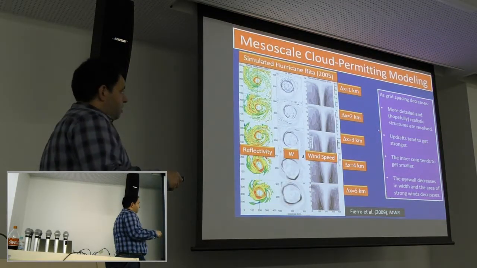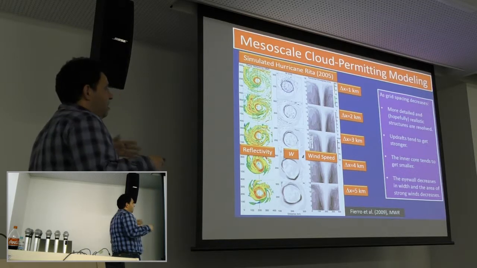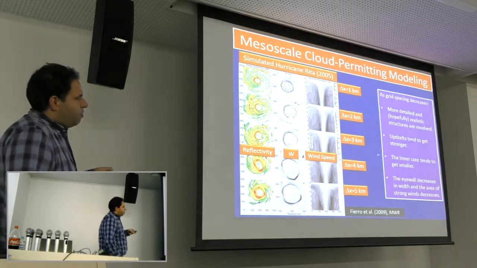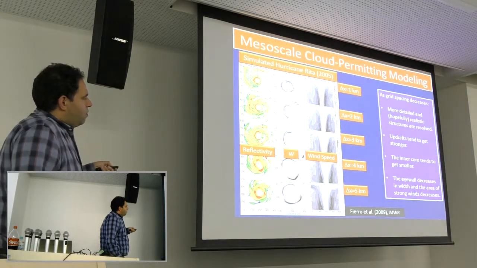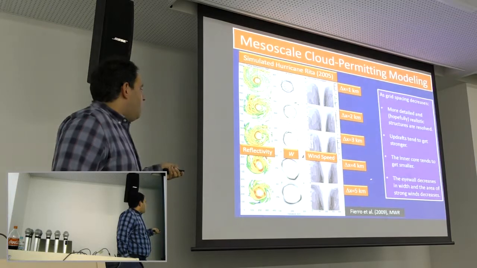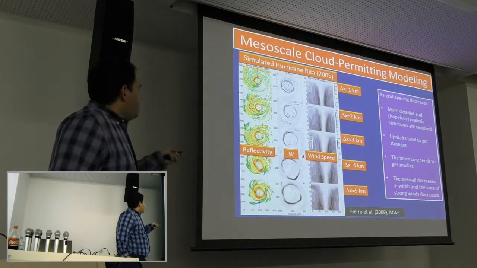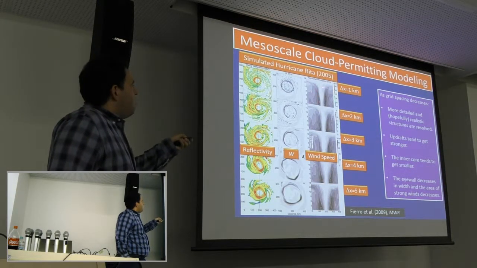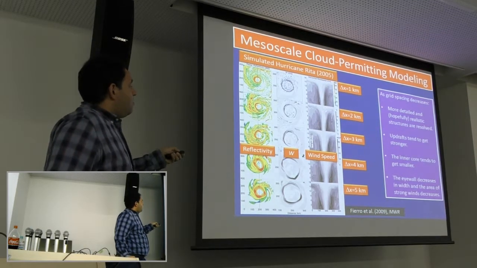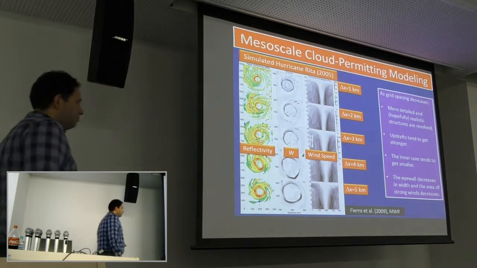And they found that as grid spacing decreases, again, you get more detailed, possibly more realistic structures, stronger updrafts, and the inner core gets smaller. They also found that the eyewall decreases in width. You get a narrower eyewall for the smaller storms and finer resolution. The area of strong winds they also found decreases.